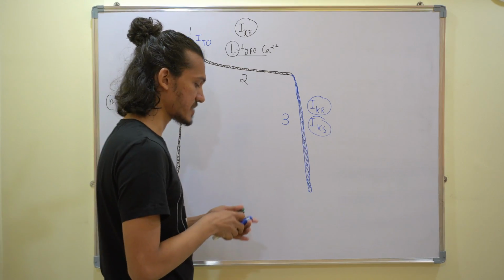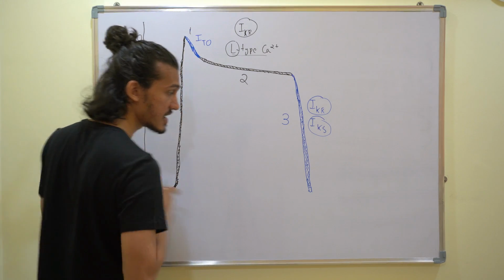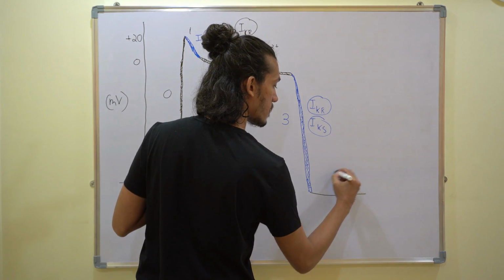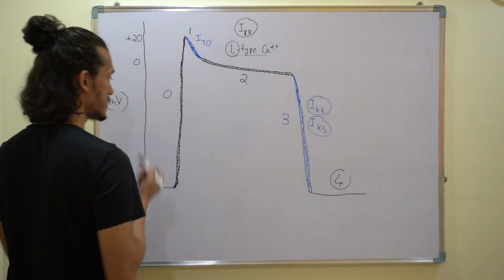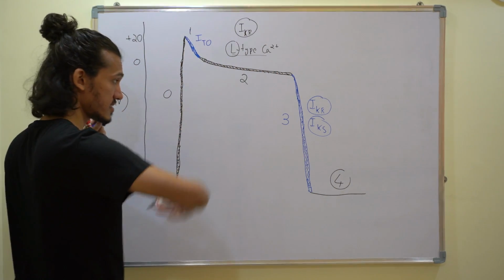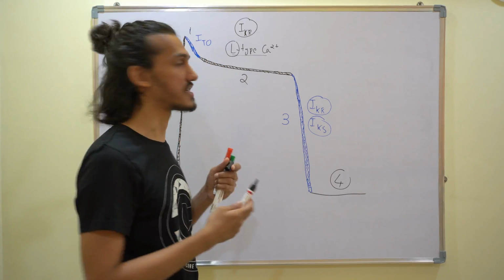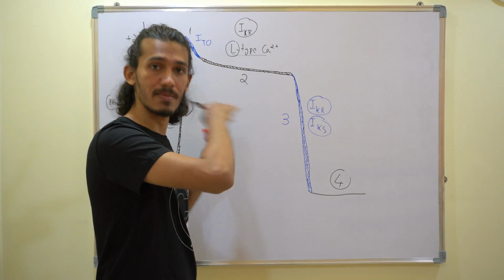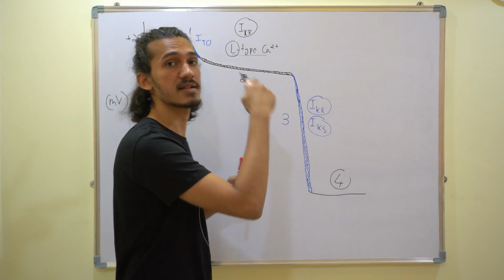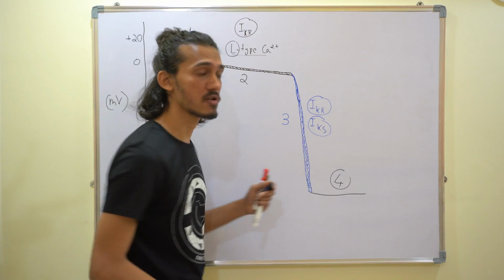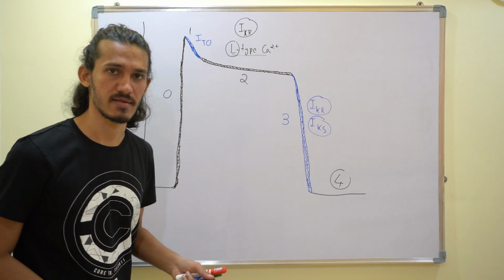So that resting membrane potential, what we saw over here, that is phase 4, right? So phase 0 is a rapid depolarization. Phase 1 is the initial rapid repolarization. Phase 2 is the plateau phase. Phase 3 is the late rapid repolarization, and phase 4 is the resting membrane potential, right?